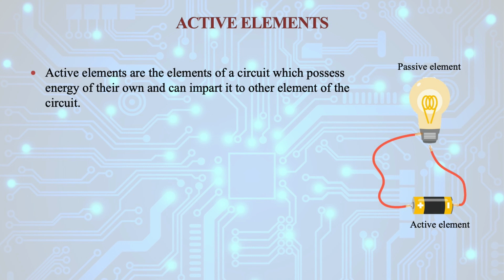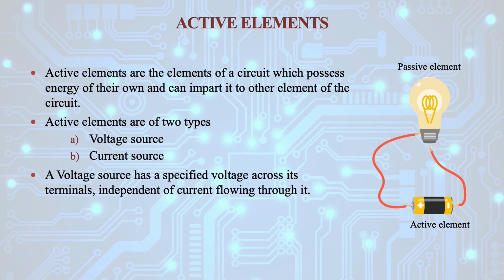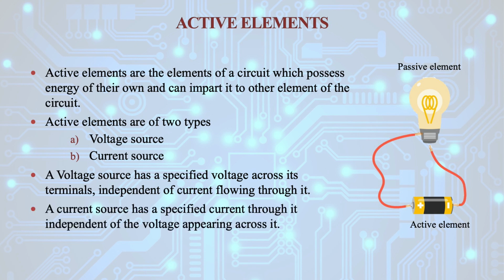Active elements are the elements of a circuit which possess energy of their own and can impart it to other elements of a circuit. Active elements are of two types. It may be the voltage source or it may be the current source. A voltage source has a specified voltage across its terminals independent of the current flowing through it, and a current source has a specified current through it independent of the voltage appearing across it.